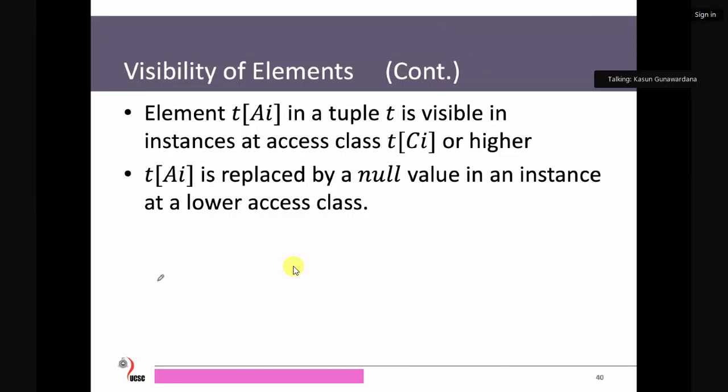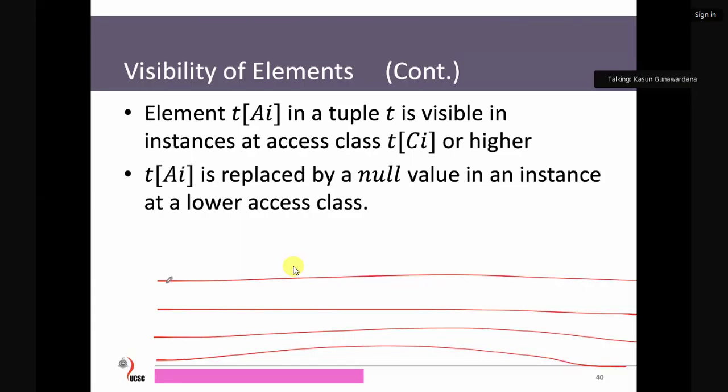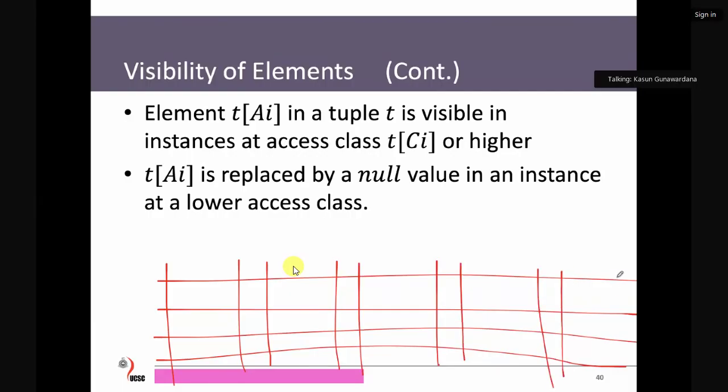So if there is a table, let's say this is a table, there are many rows, many columns, and its classification level, another attribute, its classification level, another attribute, and its classification level.